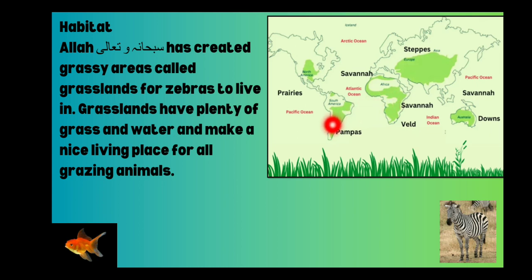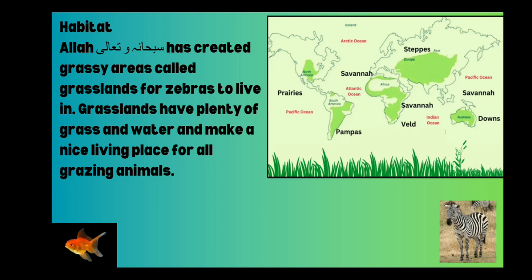Look at this map. Can you see these green areas? This is a grassland called prairies, pampas, savannas, veld, steppes, and downs. So these are different grasslands scattered all over the world. And this area is completely devoid of grasslands.